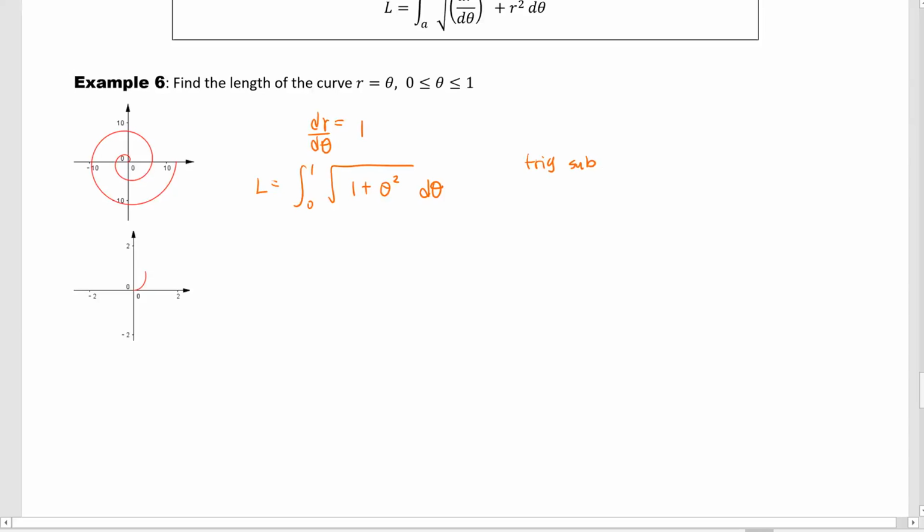So 1 plus theta squared, well, that is the tangent, right? So our old setup is like x equals tangent theta because we were having an integral about x, but now we're having the integral about theta, so let x be the angle of the trig substitution.